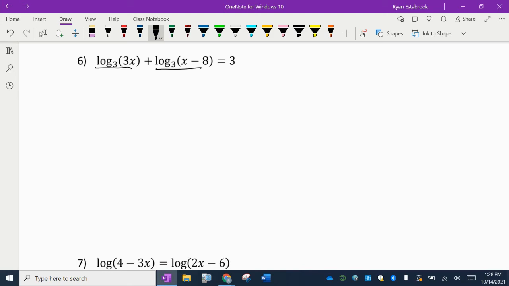Should distribute that 3x. No, I think that's right.